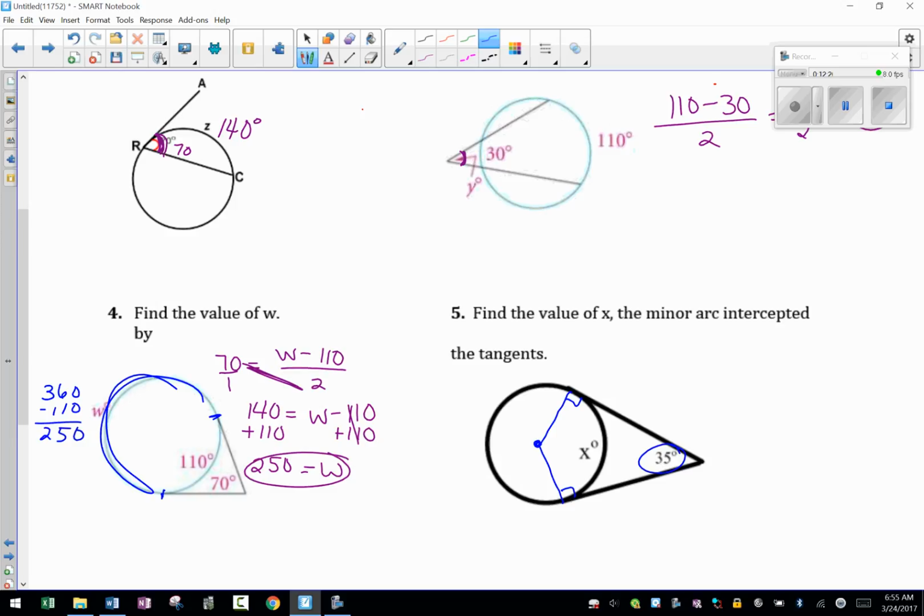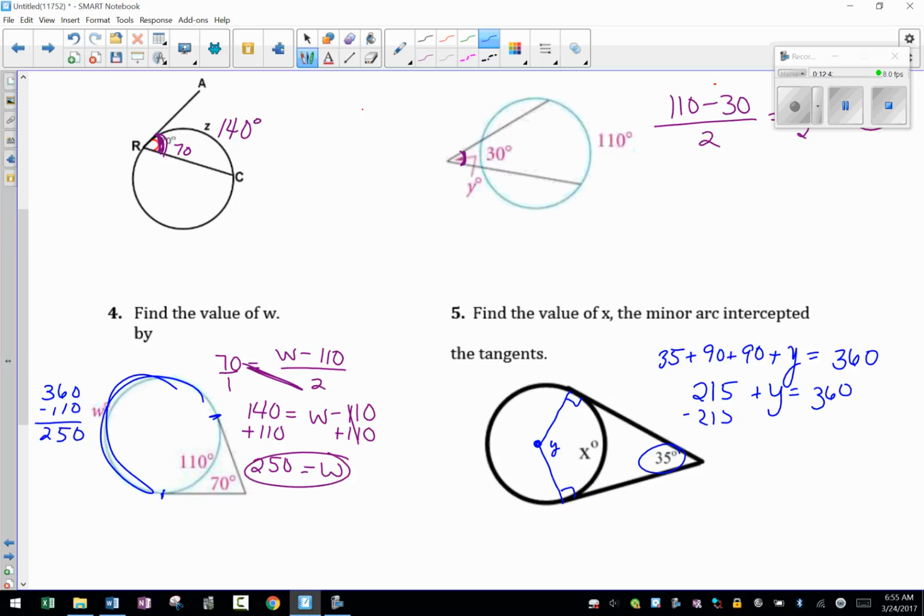This is 35, and if you have 4 angles inside a quadrilateral, they all add to 360. So 35 plus 90 plus 90 plus, I'm going to call this y, is 360. So 90 plus 90 is 180, plus 35 is 215. 215 plus y is 360.